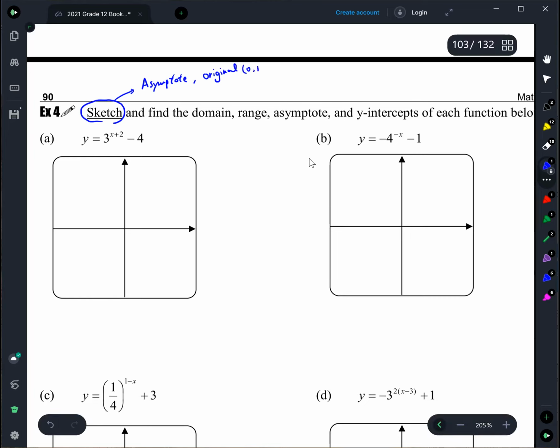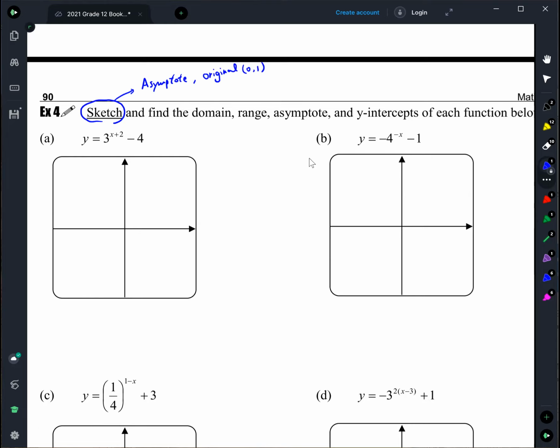Because (0, 1) is the same point for every basic one, but it will move, okay? If you don't understand what I mean right now, after I show you the first example, you'll understand. Okay, so I need to see those two.